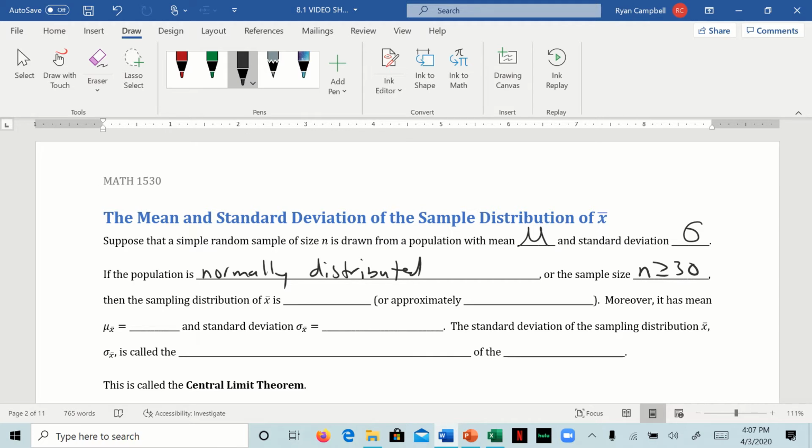So we can basically assume that we get a normal or approximately normal distribution, which means we can do normal CDF. So if you know the population is normal or the sample size is greater than or equal to 30, you can do normal CDF or inverse norm in our calculator. Those are allowed.